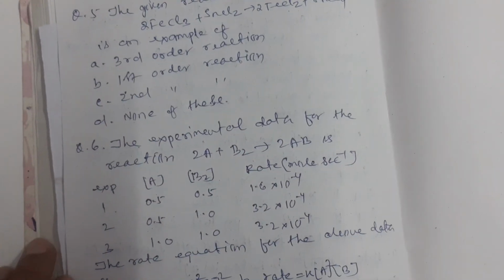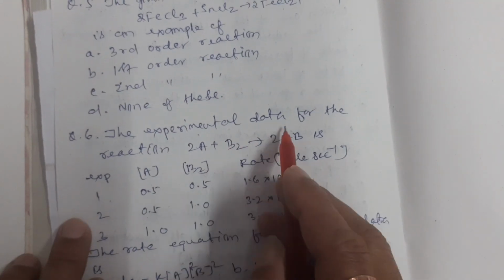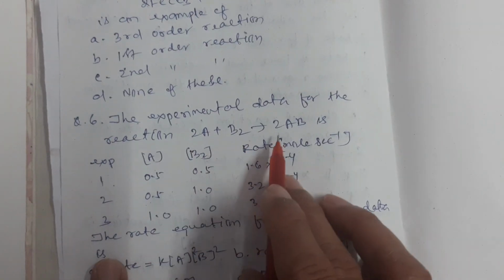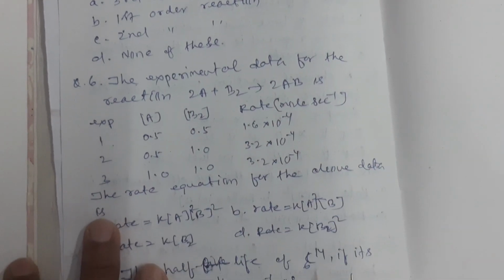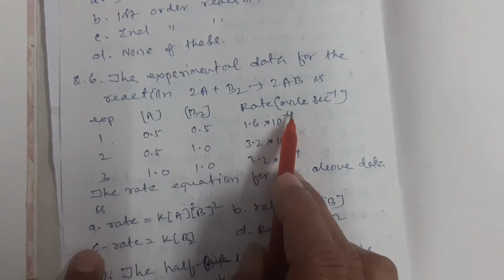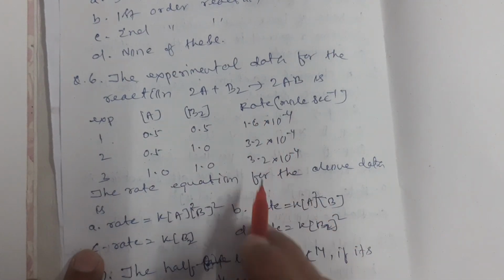Next, the experimental data for the reaction 2A plus B2 giving 2AB. These are the data given: A concentration, B concentration, and the rate.